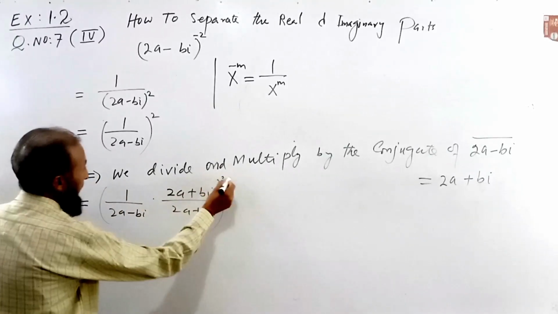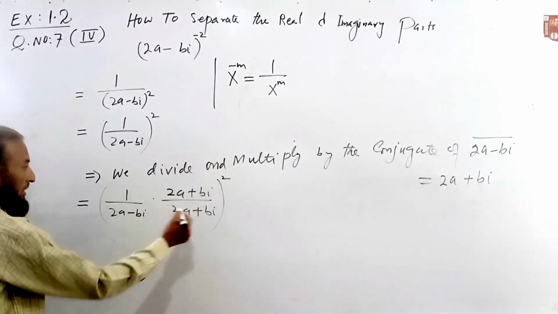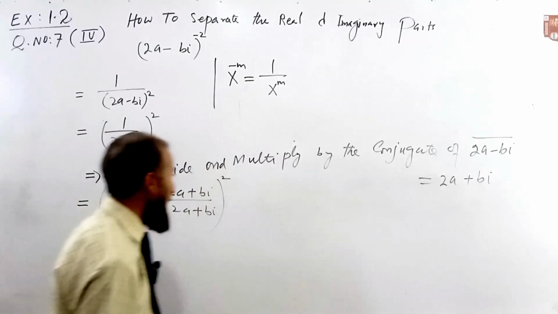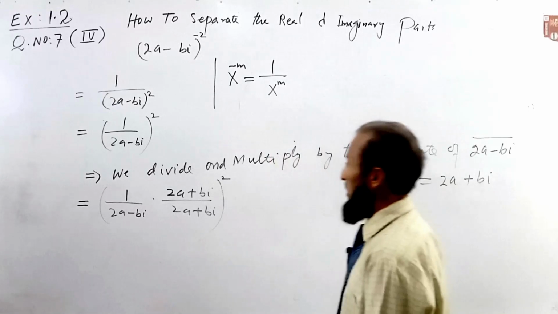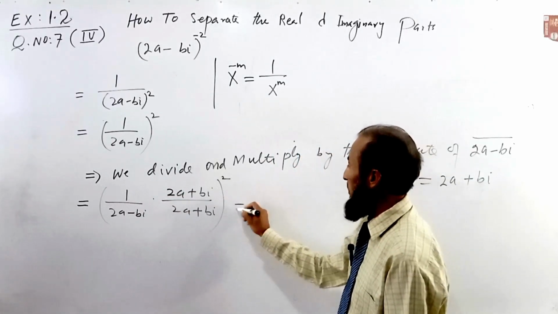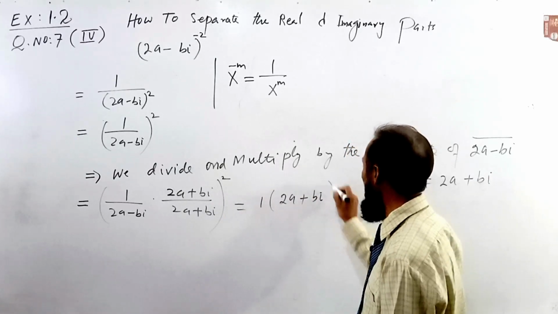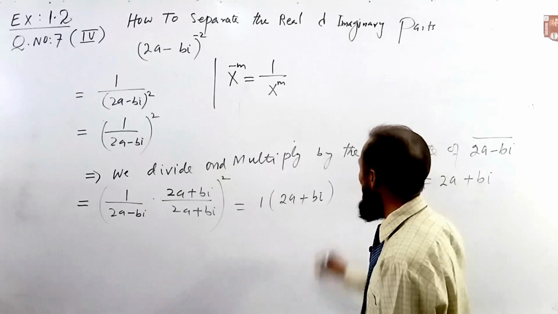So we have both divided and multiplied, so the result is the same. There will be no effect on the question. Now we multiply the numerators: 1 multiplied by (2a plus bi) whole square.